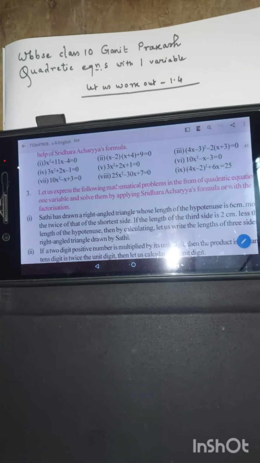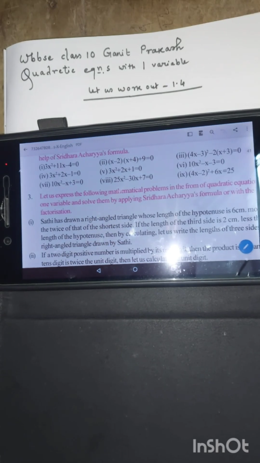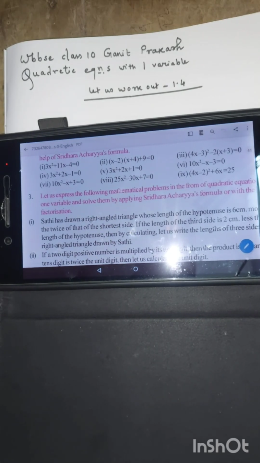So let us first copy the question number Roman 8 of 2.